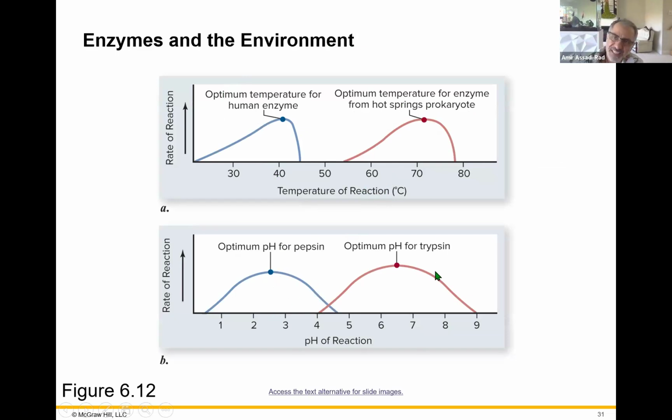The optimum pH of trypsin, another enzyme which comes from your pancreas, is 6.5, almost 7. You take trypsin and put it in the stomach, and the acid of the stomach destroys that enzyme. I hope I'm making some sense. Important diagram. There are quiz and exam questions. I'll give you diagrams and you should be able to answer.